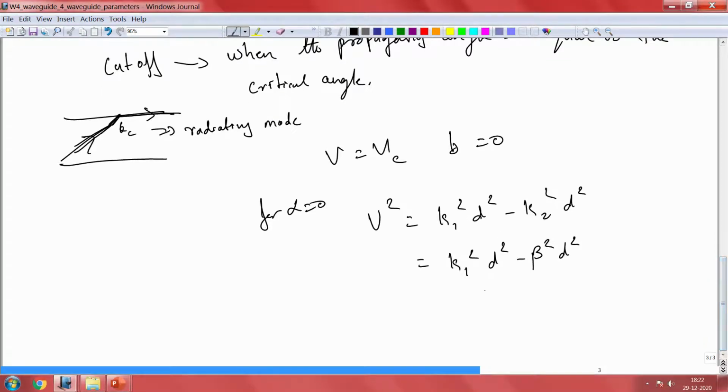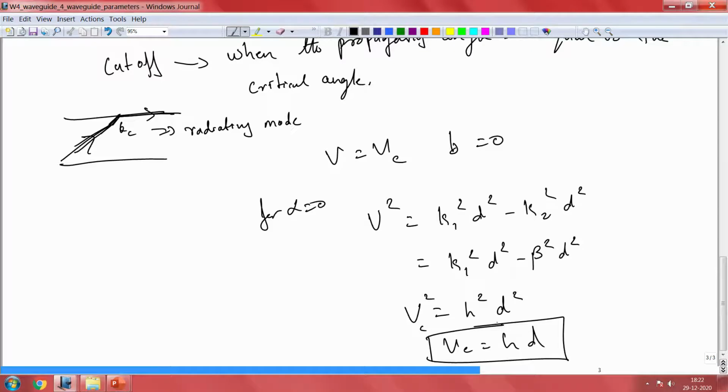So, this is k1 is beta here, and this is basically h squared d squared, which is nothing but V critical, which is nothing but h times d. So, this is our cutoff condition. What should be my width, or the dimension, in order to get any light to propagate through the system?